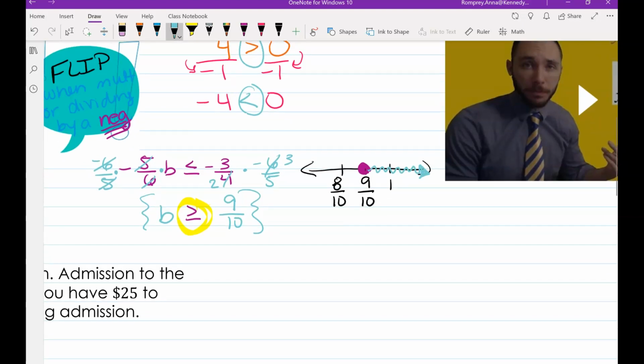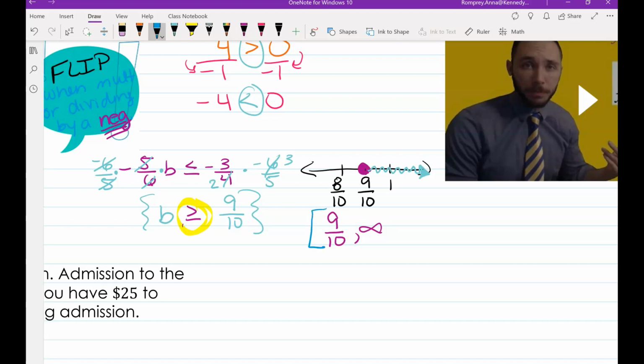Cool. So when we are writing in interval notation, left to right, our smallest solution is 9/10. And our largest solution goes all the way up to infinity. So 9/10, is it open or closed? Equal to told us it's closed, so I use that bracket.